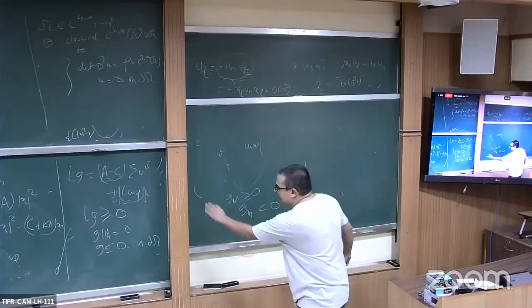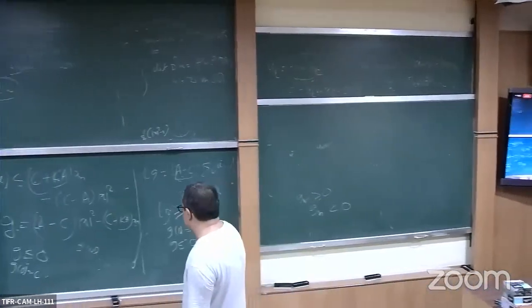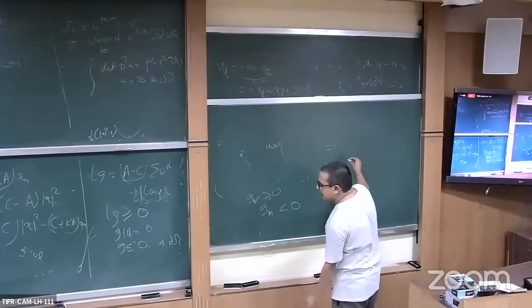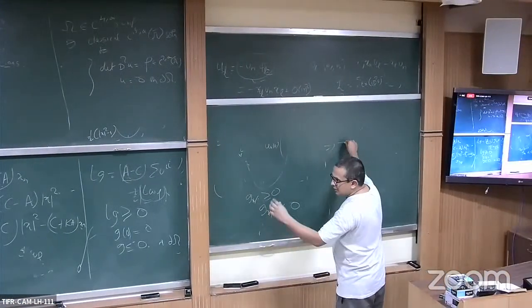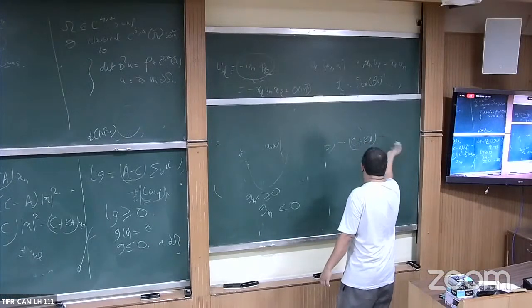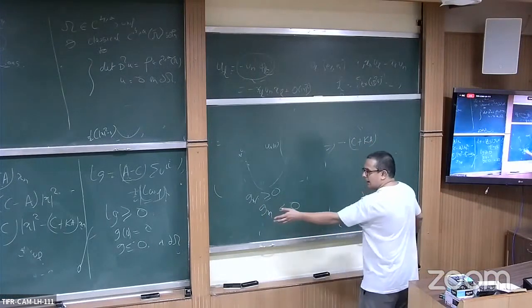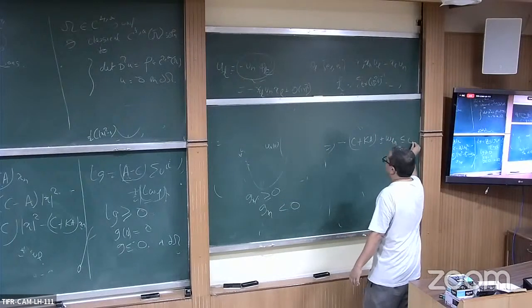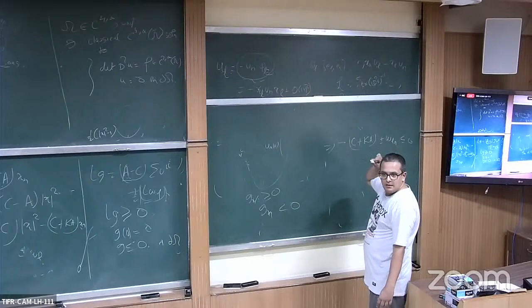If G of n is less than or equal to 0, that is simply telling you that minus C plus A x_n n plus W alpha n minus W alpha n is less than or equal to 0. Okay? Clear?